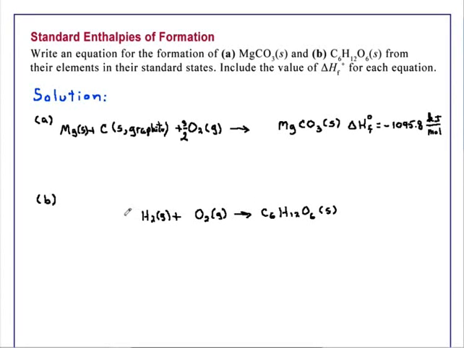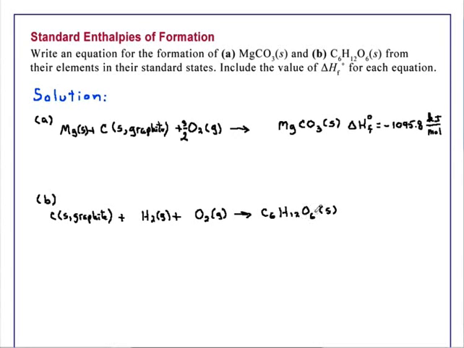And again we have carbon, and its most stable form is graphite, so we write carbon, solid graphite. And to maintain a coefficient of 1 in front of the product, we need to multiply reactants by appropriate coefficients.